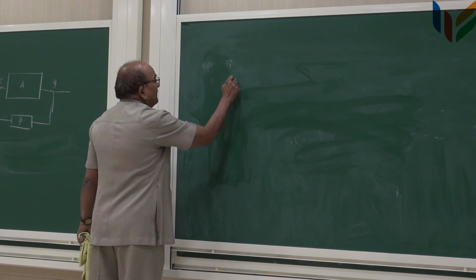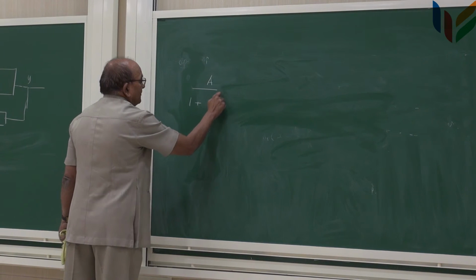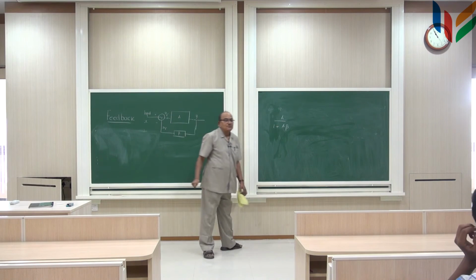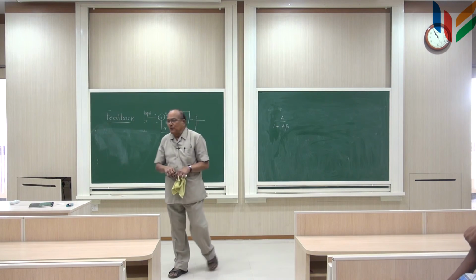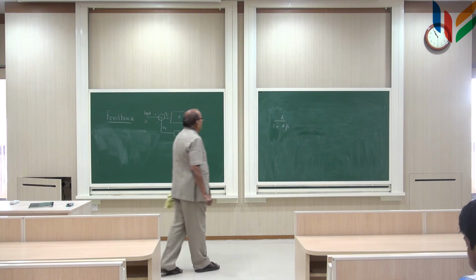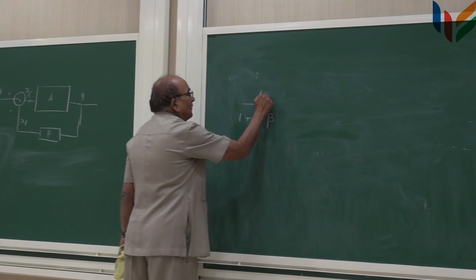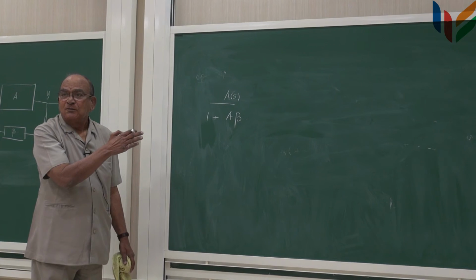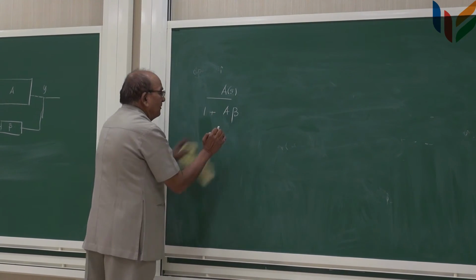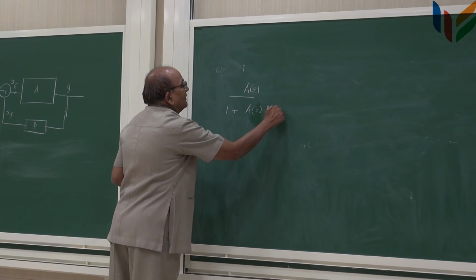The overall gain of the feedback connection came out to be A divided by 1 plus A beta, right? In principle, this could be a function of s, as we have seen just now. This would also be a function of s, and this would also be a function of s, right?